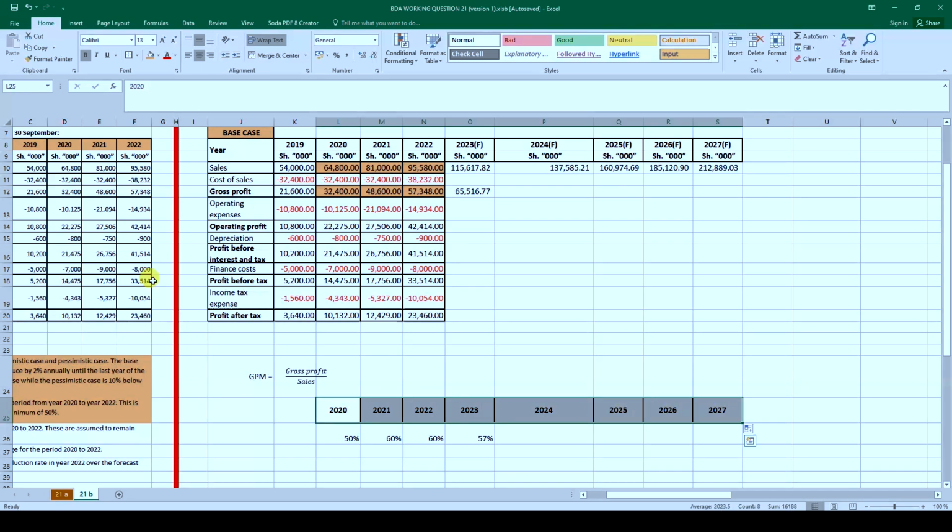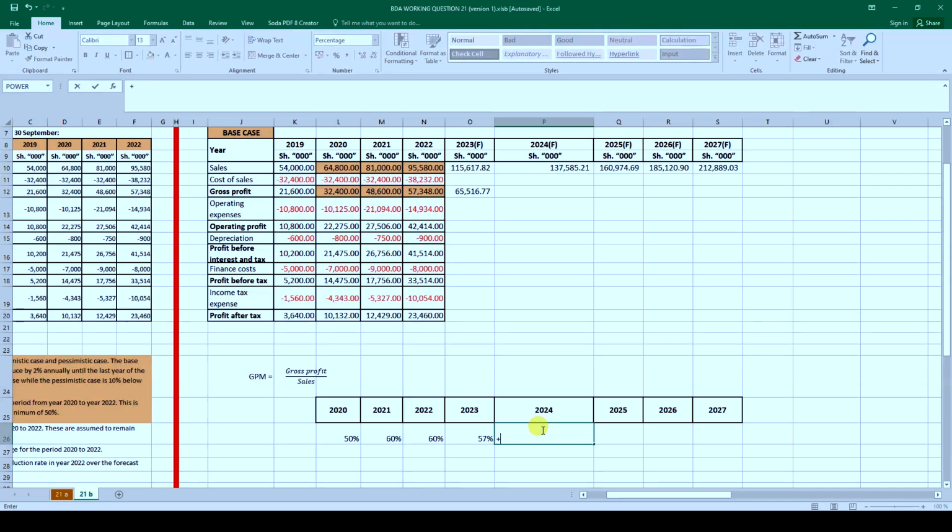We are saying that now we want to estimate the gross profit margins. So this one is reducing, plus that minus 2%, 55%. Then we come over here, plus the previous value minus 2%.